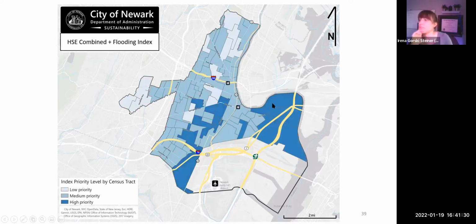But when we take a look at flooding, not so surprisingly, the census tracts that are closer to the river are getting a little bit more highlighted here. And that is the last map. So at this time I can take questions, and if somebody wants me to pull back up one of the maps, let me know.